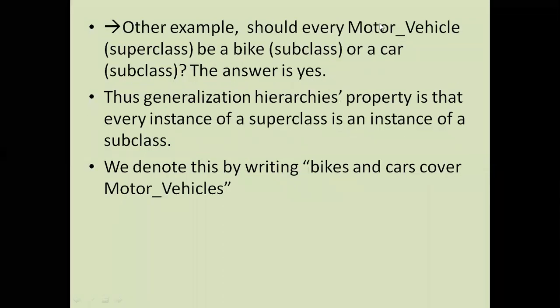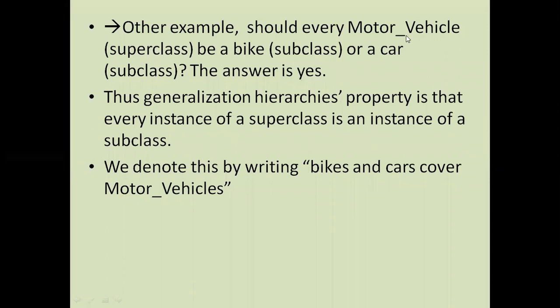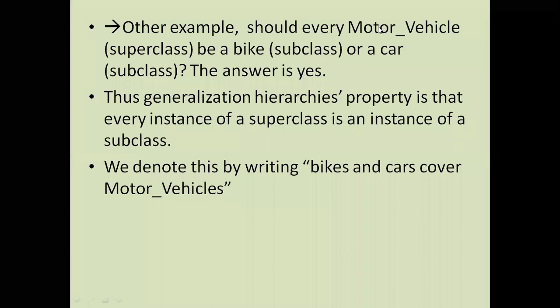Other example, should every motor vehicle be a bike or car? Here we consider motor vehicle as a superclass. From that superclass, we divide the subclasses. Maybe it is a bike or maybe a car or maybe a bus. So it belongs to some superclass. Now we consider whether the constraints in the subclass are also applicable in the superclass or not.